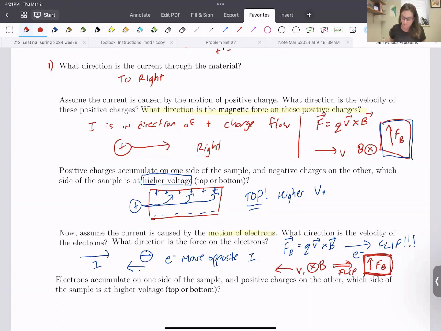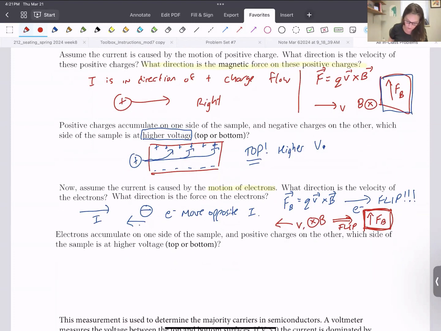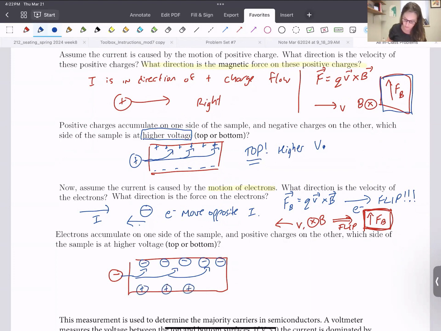So F sub B is up, which means that if it was electrons coming into this material, my electrons now move to the top, and I end up with my net negative charge at the top, positive charge remaining at the bottom, and then the top is now a lower potential.